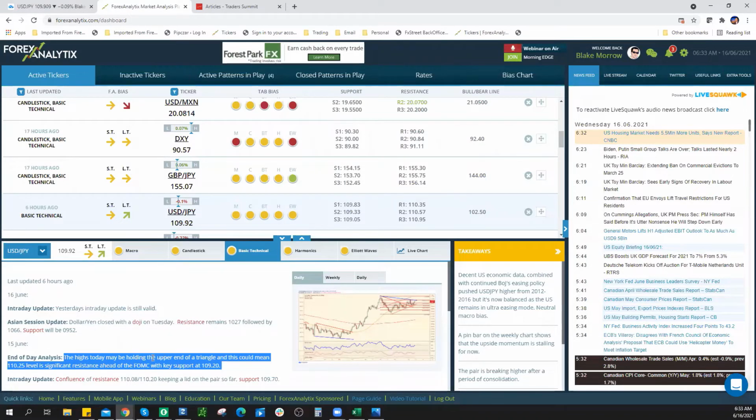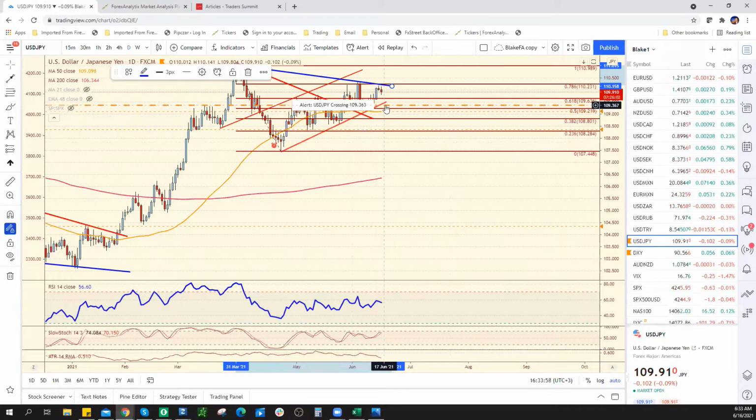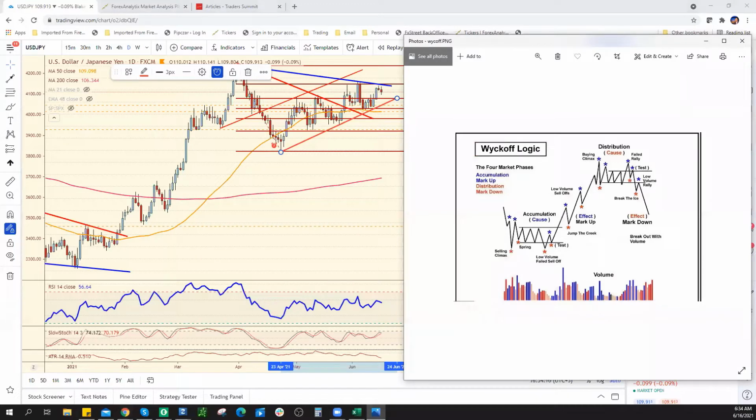The highs today may be holding the upper end of a triangle, and this could mean the 110.25 level is significant resistance ahead of the FOMC with key support at 109.20. And that's key support right here. Trendline support would be at 109.35, right? Oops, that's not what I wanted.